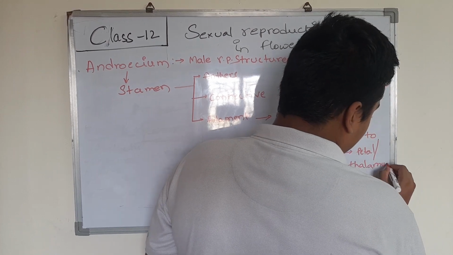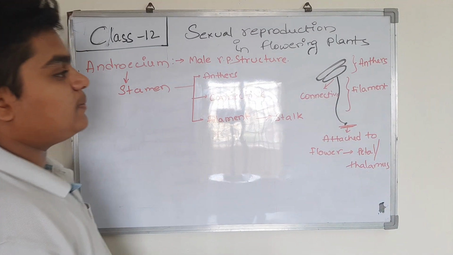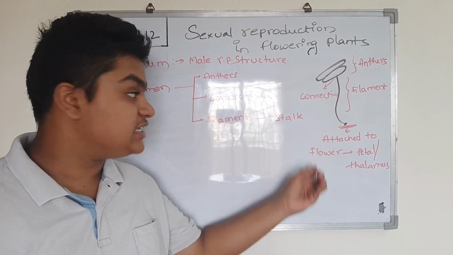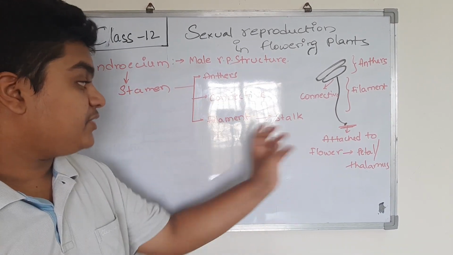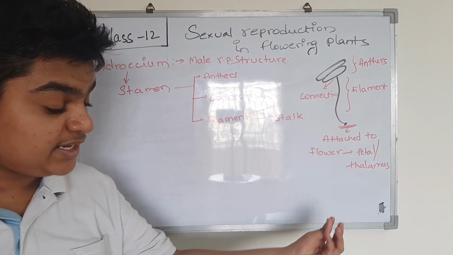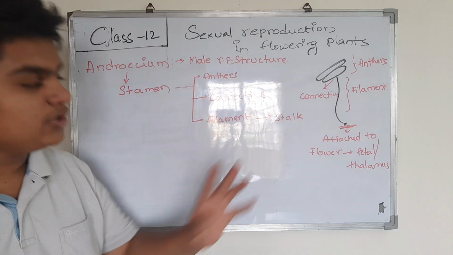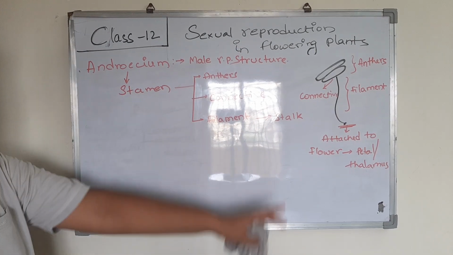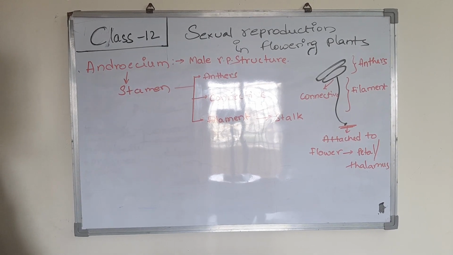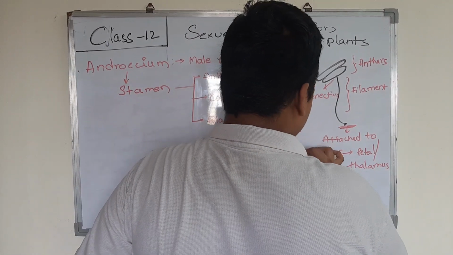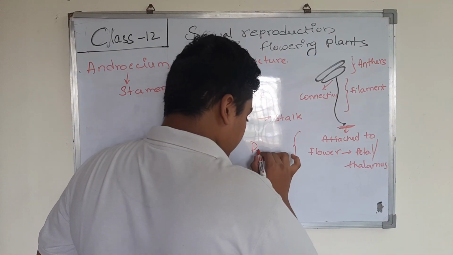I have shown you the thalamus, the bulged portion from where the sepals, the petals, and the stamen are attached, and they seem to arise from that. And this end, which is very close to the plant body, is called the proximal end.